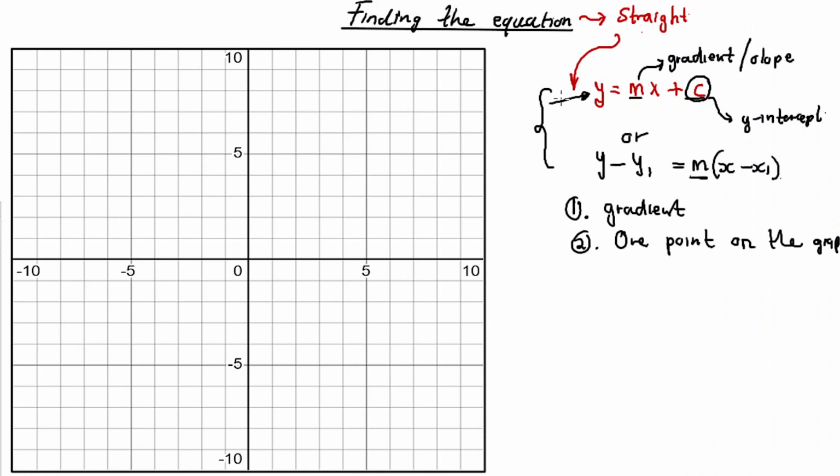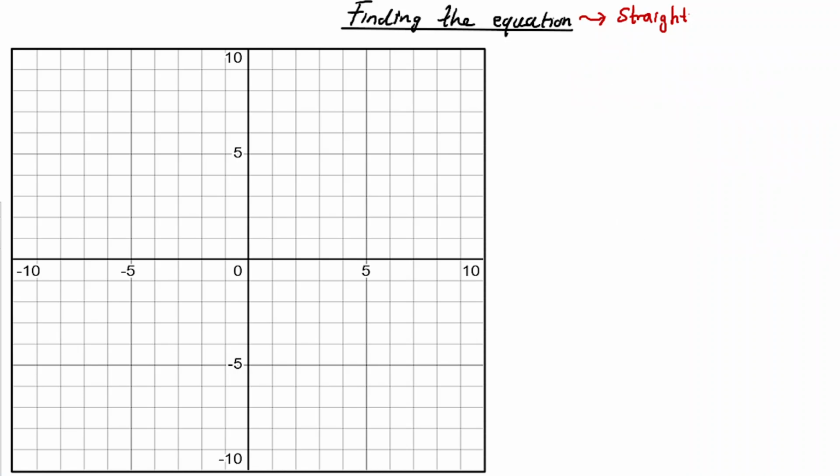Okay, so I'm going to draw a straight line, and then we're going to calculate the equation for that line using both equations. We're going to call y equal to mx plus c equation number 1, and the second one we're just going to call equation number 2.